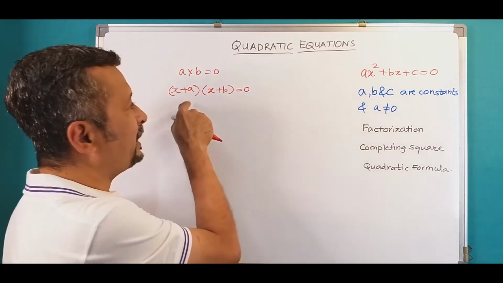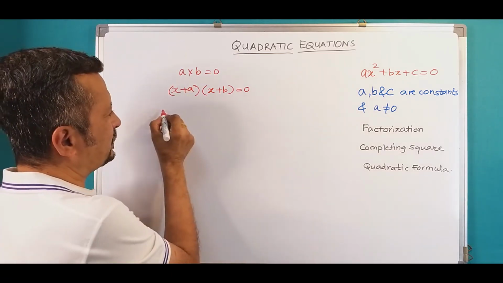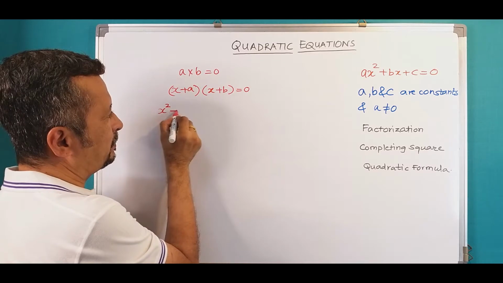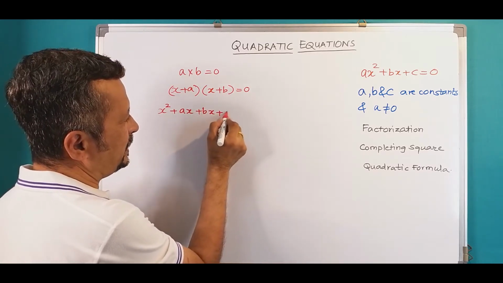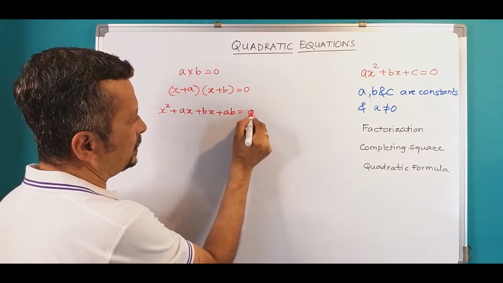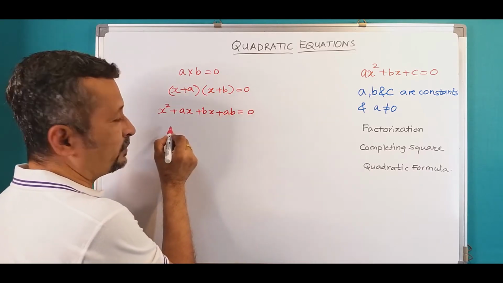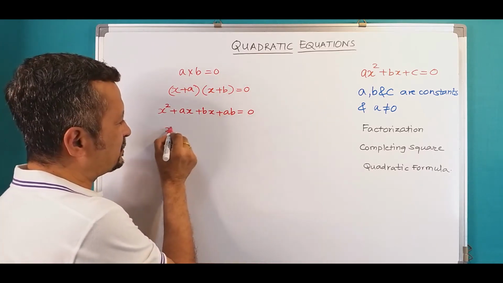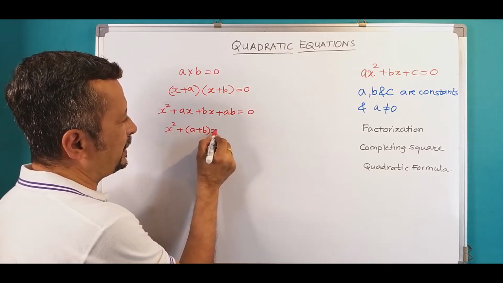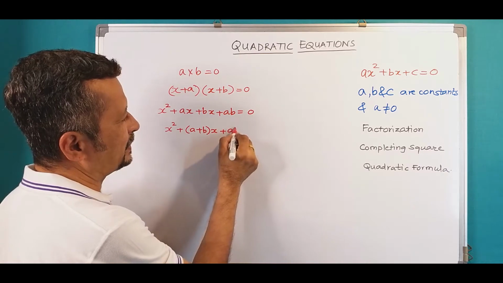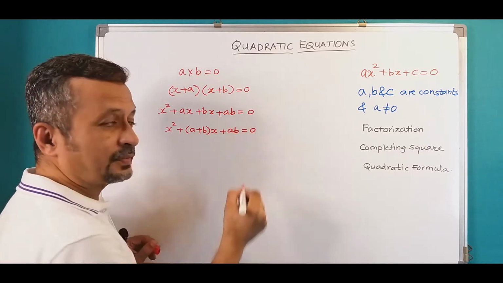So now if I expand this, what do I get here? I get x² + ax + bx + ab = 0, and further to that, x² + (a + b)x + ab = 0.